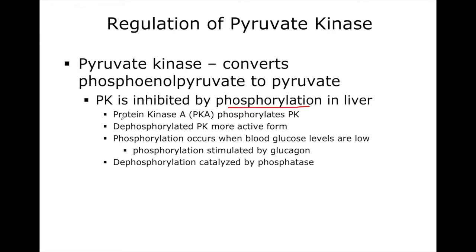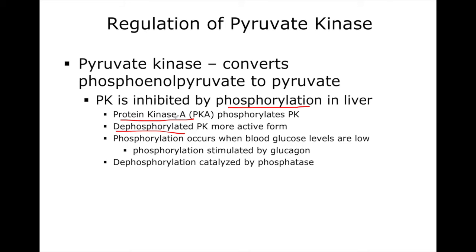The kinase, protein kinase A, PKA, phosphorylates pyruvate kinase and therefore inhibits it. It can also be dephosphorylated, so there's a phosphatase which removes that phosphate and makes it more active.